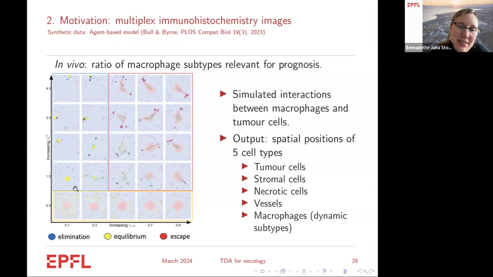If we choose the parameters slightly differently, we are in an elimination regime. So the macrophages have completely destroyed the tumor and are getting on with their life after that. Then in this red regime, we have escape of the tumor. So this means the tumor starts going towards the blood vessels, which can then lead to metastasis down the line, so spread across the blood vessels into different parts of the body.